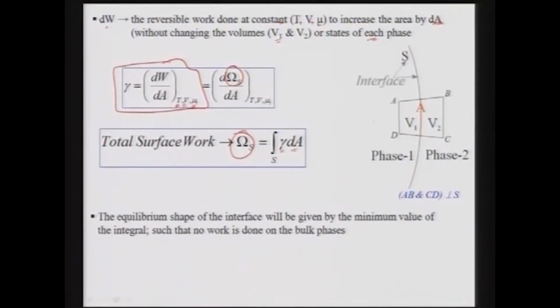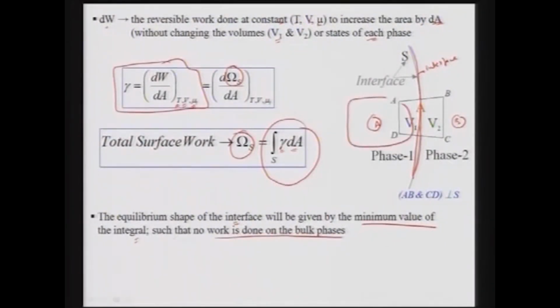So if we have phase 1, or phase A, and phase B, the interlayer between them is called an interface. That can be seen as a 2D defect. The equilibrium shape of this interface will be given by the minimum value of this integral, so that no work is done on the bulk phases.